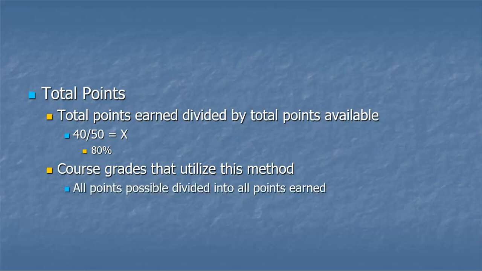If you're using it in a course grade, it's all the points earned divided by all the points possible. This means that small pointed projects, quizzes, whatever, have less impact than something that is worth more points.